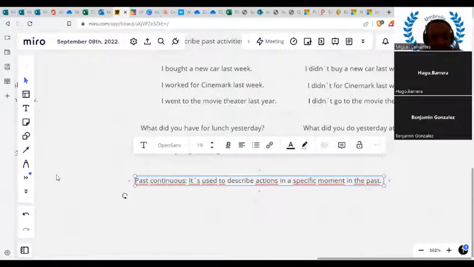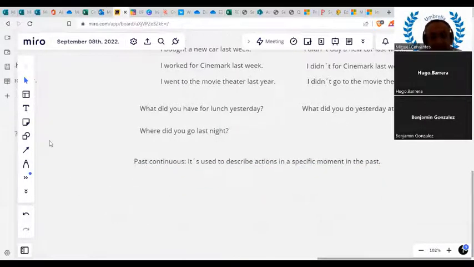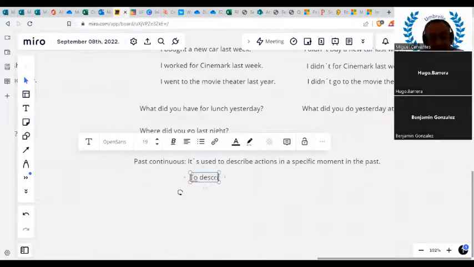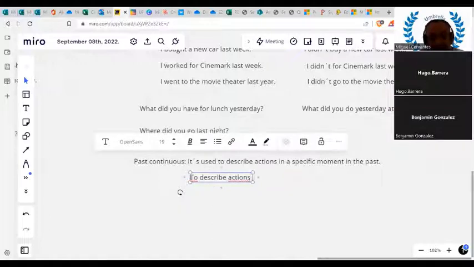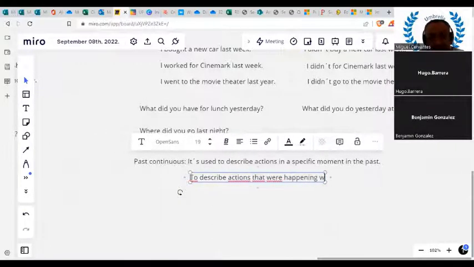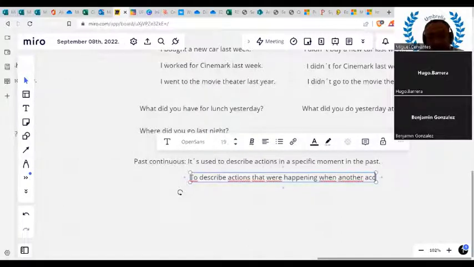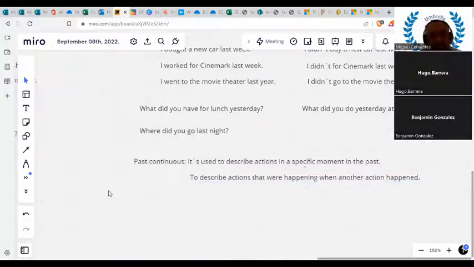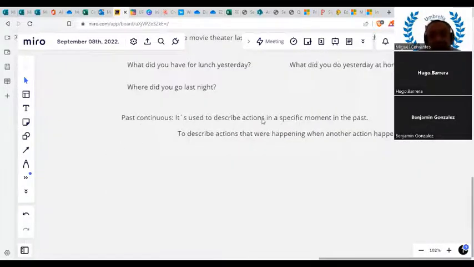That is one use. Another use is to describe actions that were happening when another action happened. For example, it is used to describe actions in a specific moment in the past.